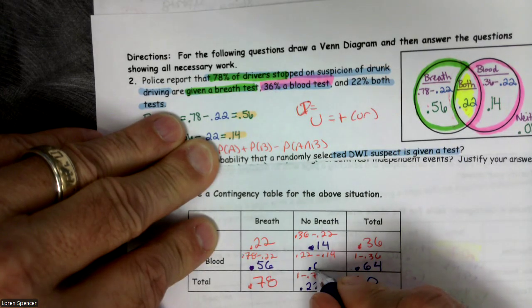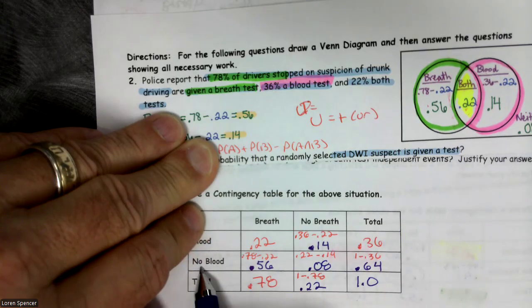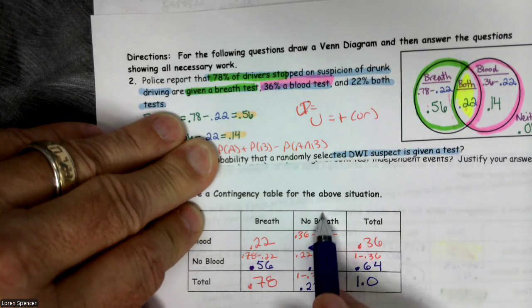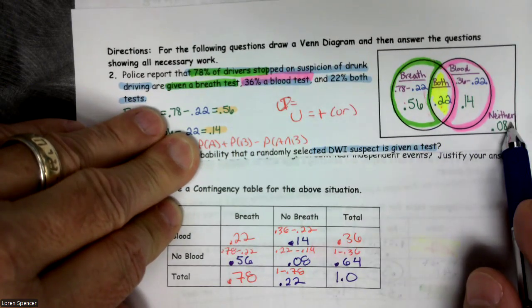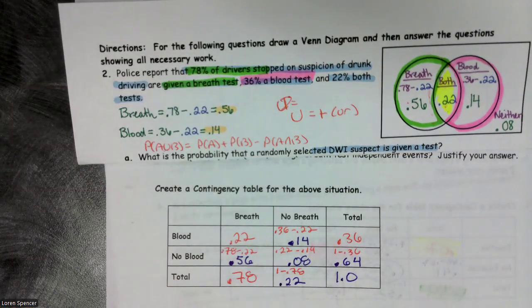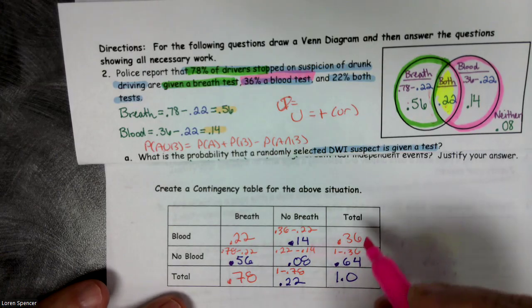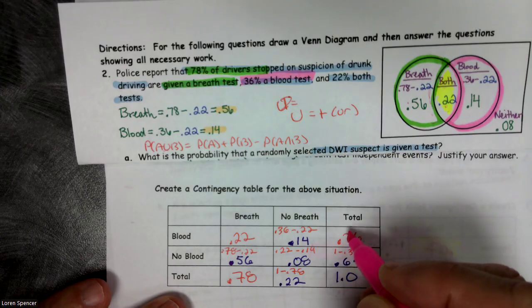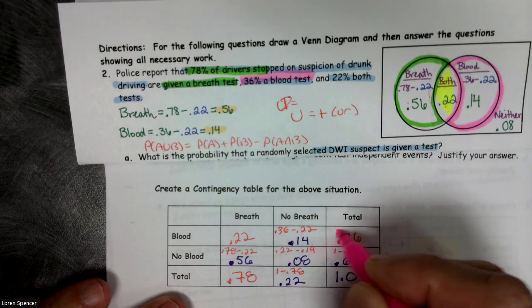Now let's look at that 0.08 real quickly. That point 08 is no blood and no breath. Guess what? That's what we had here. That's neither. They're not given either one. So this one is the probability of a blood test.